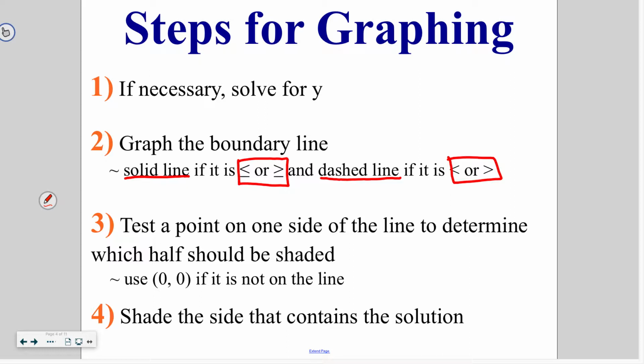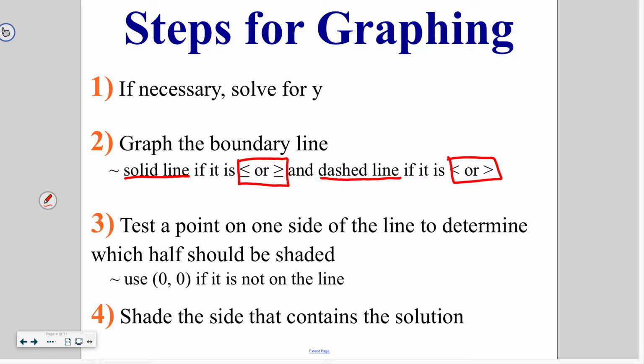Then, similar to what we did before with one variable, you're going to need to test a point to decide which side of the graph you are going to shade. Before it was, are we going to draw the arrow to the left or the right on the number line? Now we need to decide which part of the graph is going to be shaded in as part of our answer. Before, we plugged in 0 for our variable. Now we are going to plug in 0 and 0 for both of our variables, so both x and y will turn into 0.